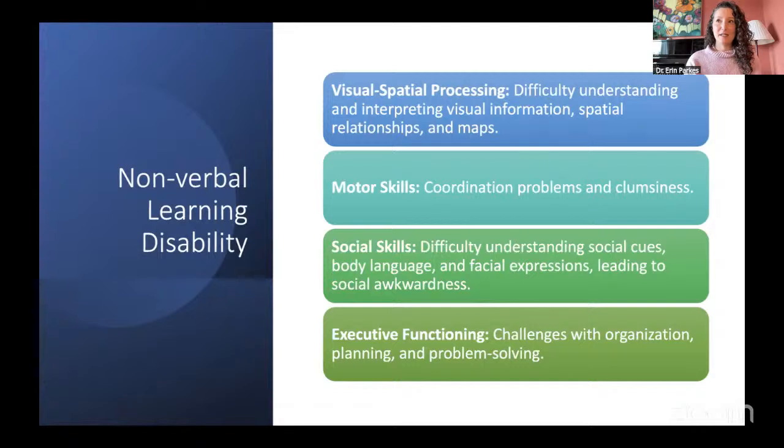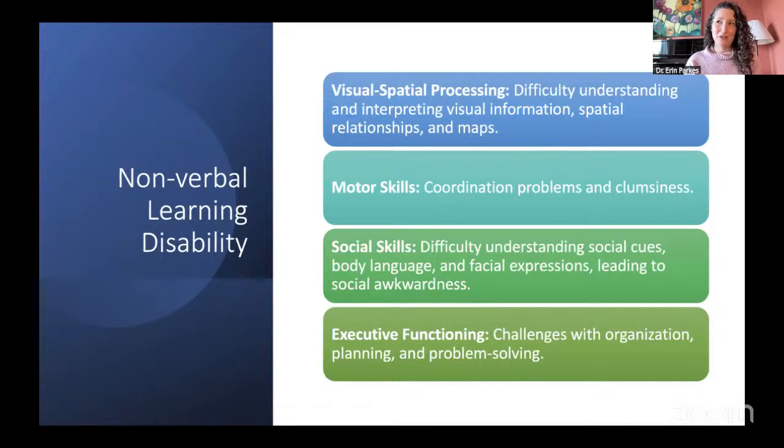So again, autism for sure can go under the radar. We see a lot of people being diagnosed as adults. NVLD definitely can go under the radar because usually the presentation is not as severe.